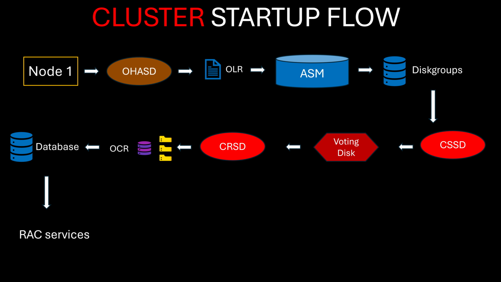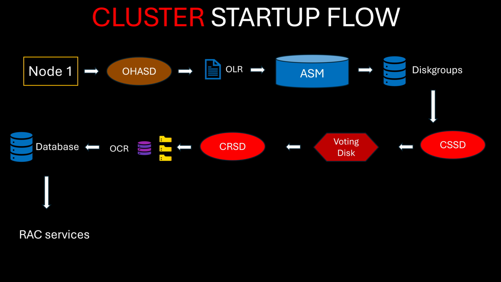OLR contains node specific resource information required during startup. Without OLR, Oracle would face a chicken and egg problem. Oracle needs cluster information to start resources, but the shared cluster information is stored inside OCR, and OCR itself resides in ASM storage.